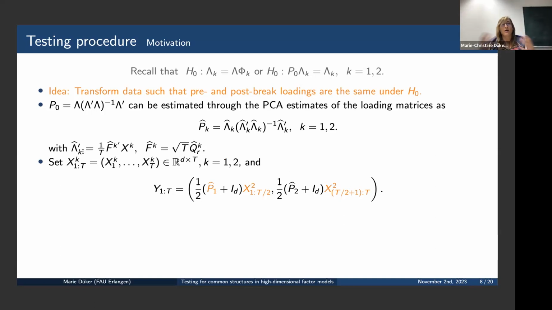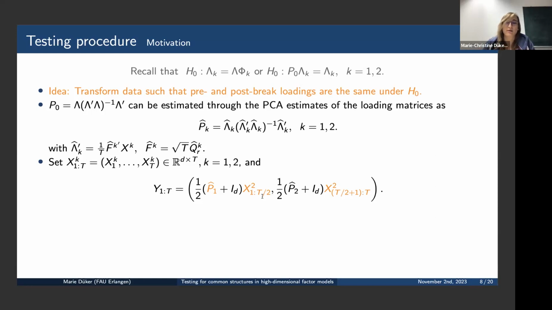Okay, so how can we actually transform our data so that we get no change under the hypothesis, but a change under our alternatives? So the idea is, and for now, let's focus on the orange part, that we take one of our two series when we are in the two subject setting and split the data into two halves.